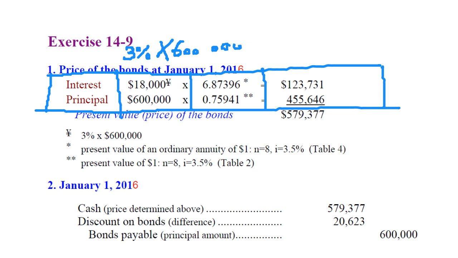As we found them on the tables, the interest from table 4 and the principal from table 2, then we'll multiply the numbers with the factors and add both numbers to get the present value or the price for the bond.